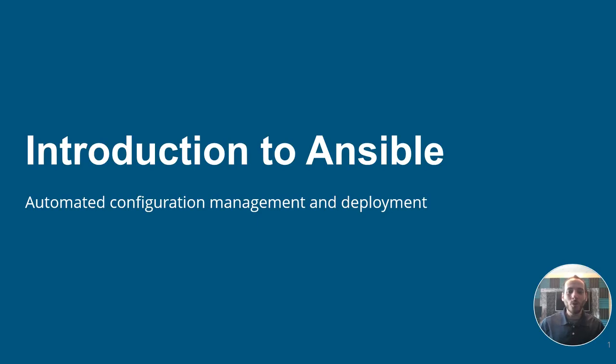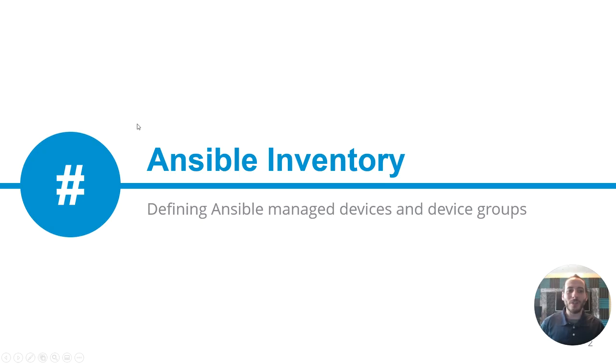In this video, we're going to be going over Ansible inventory. Ansible has a method of defining Ansible managed devices and grouping those devices, and using this definition to be able to run your playbooks and modules on a very specific group of devices or a subset thereof.